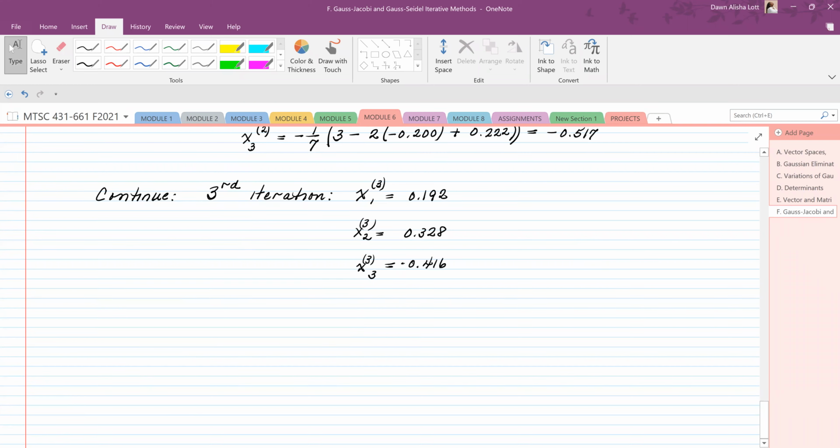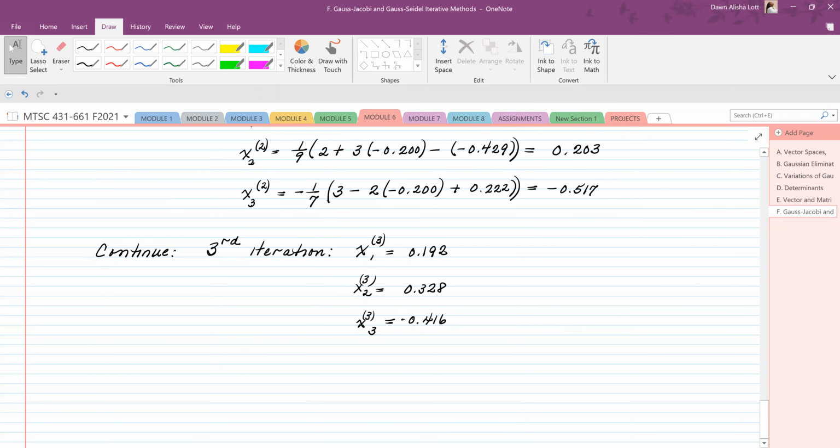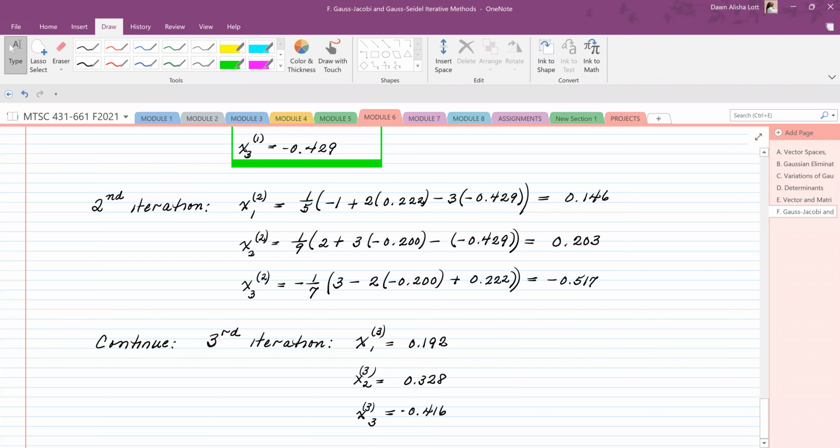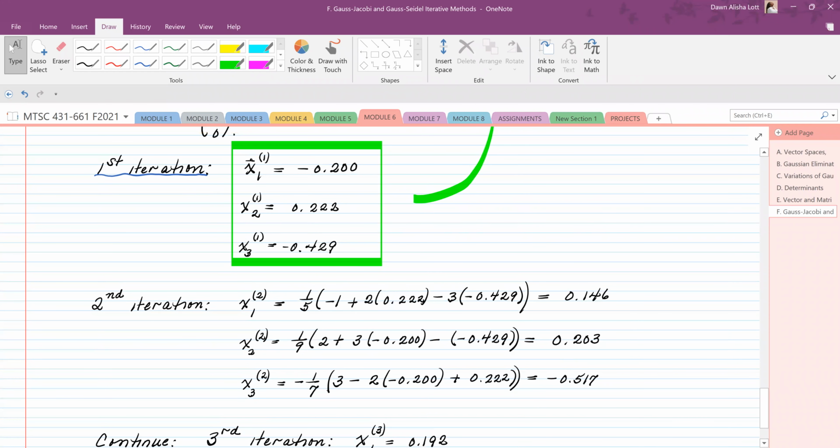All right, so now you can actually compute this in matrix form. The values for x1, x2, x3: how did we get those?